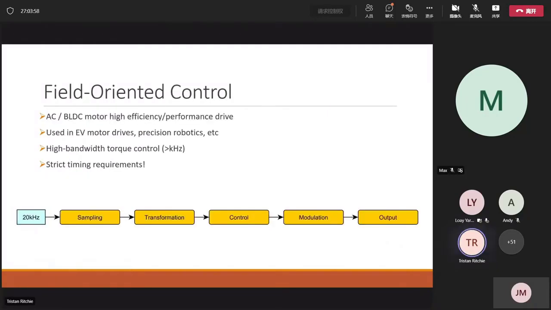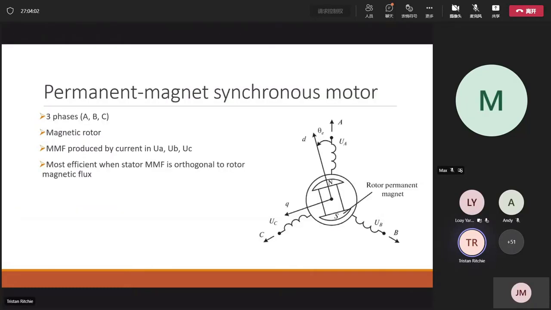In order to go further into my implementation, I'll briefly describe the permanent magnet synchronous motor, which is the topic of this discussion. The PMSM for short is an AC motor which is composed of at least 3 electromagnetic phases that produce a magnetomotive force when current is applied.